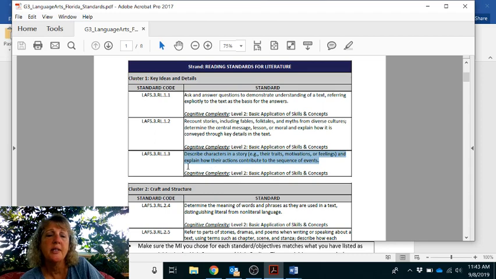The part where it says, and explain how their actions contribute to the sequence of events, is the higher level thinking part of this skill. It's very easy for the students in 3rd grade to describe the character. They've been doing that since kindergarten. But the addition to this standard is explain how their actions contribute to the sequence of events. So when you're writing the objective, make sure that you are including all parts of the standard.